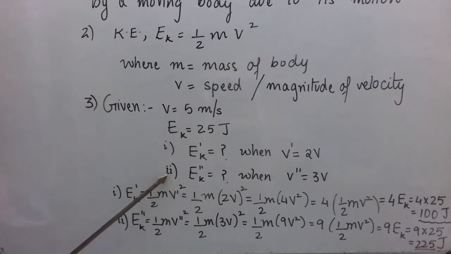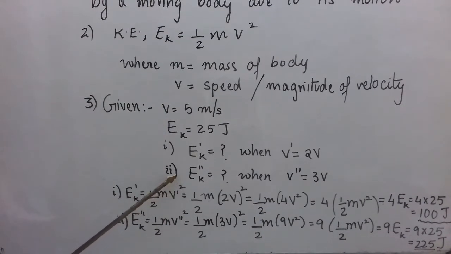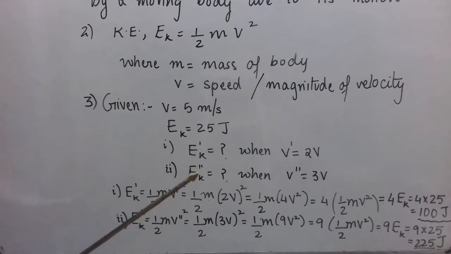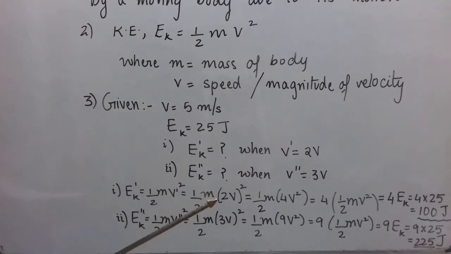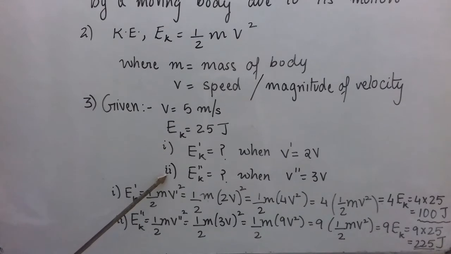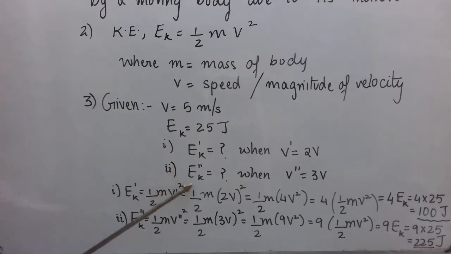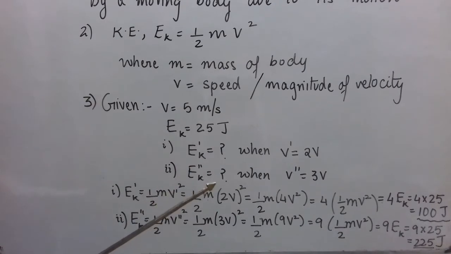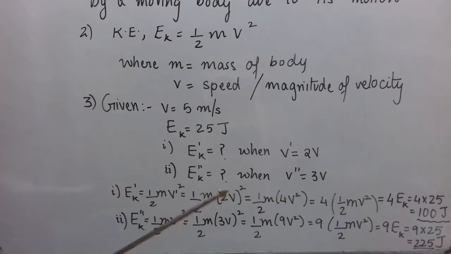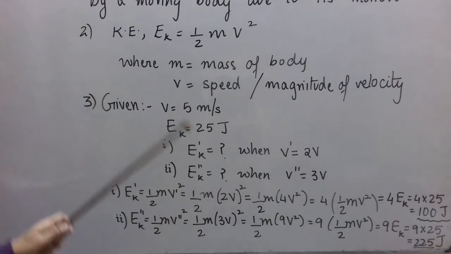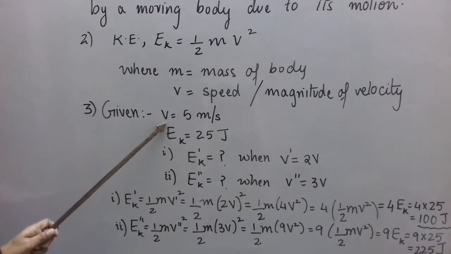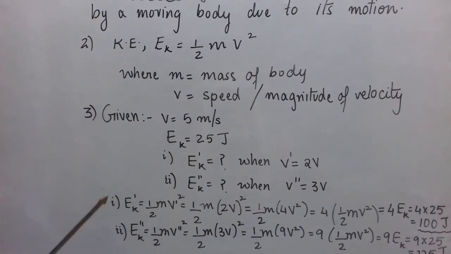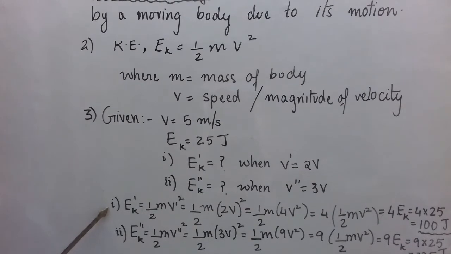And the next part of the question is, find the kinetic energy when the velocity is increased 3 times. So let us represent the corresponding kinetic energy by Ek double dash. So what will be Ek double dash when velocity v double dash is increased 3 times, means it is 3 into v.